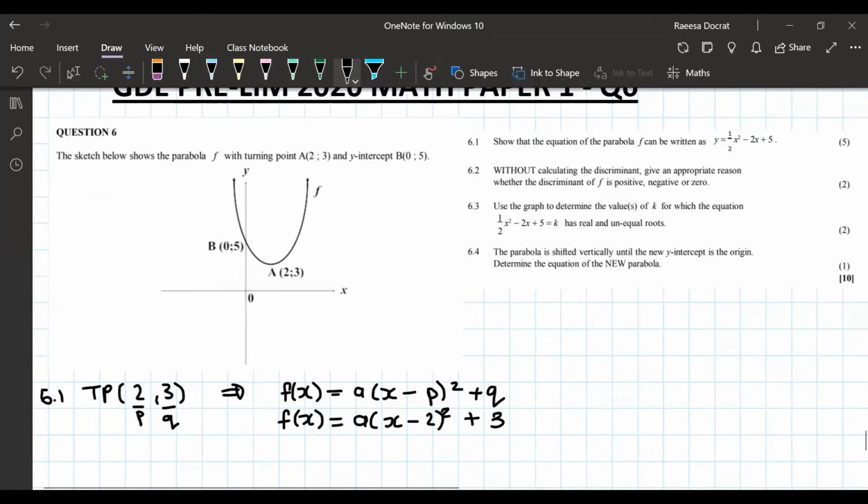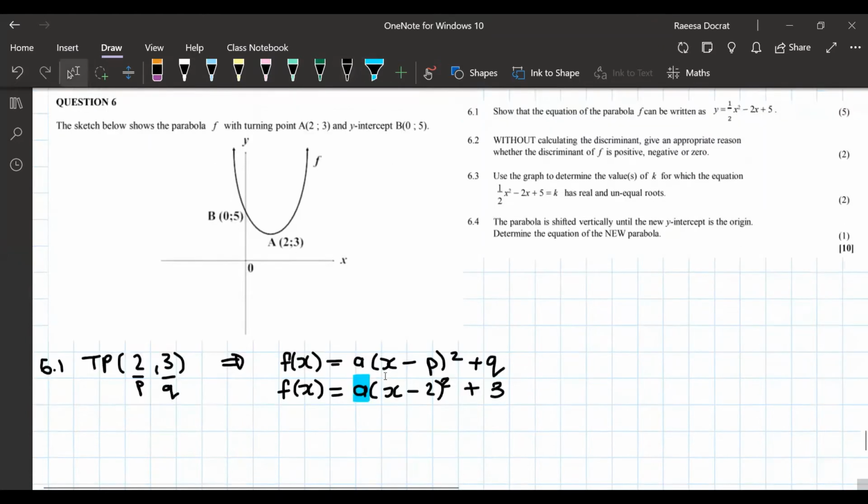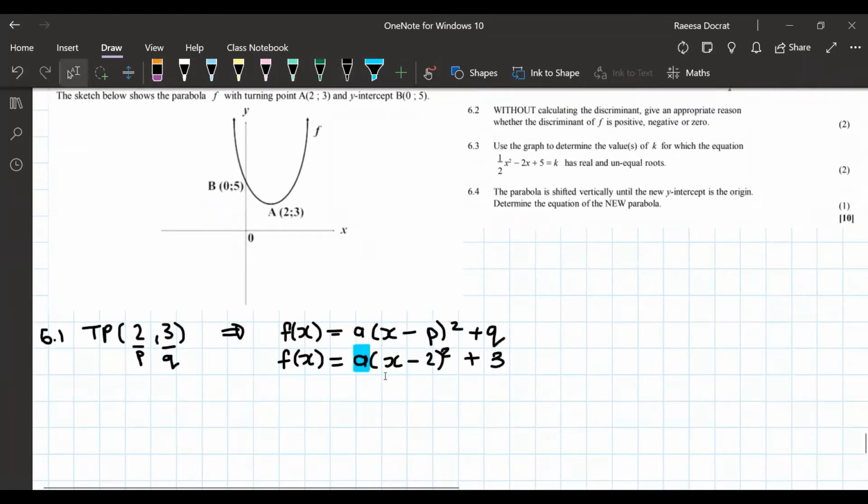Once we've substituted the turning point, we only have one unknown. We only don't know what a is. And to solve for one unknown, we need just one other point that lies on the graph. Looking at the graph and the information they've given us, we can see that B is a point that lies on the graph. So we can substitute B, the y-intercept (0; 5), into f.